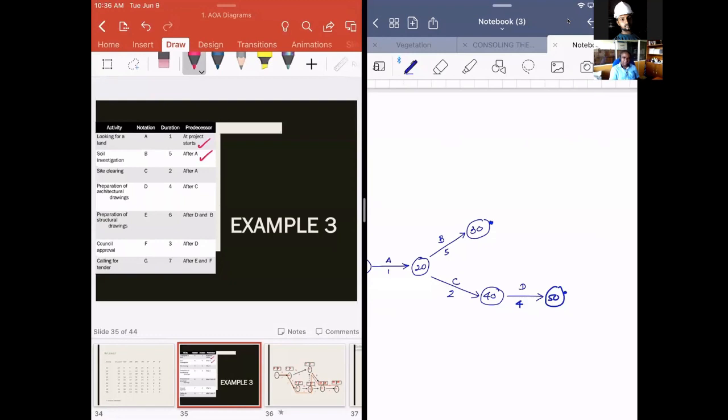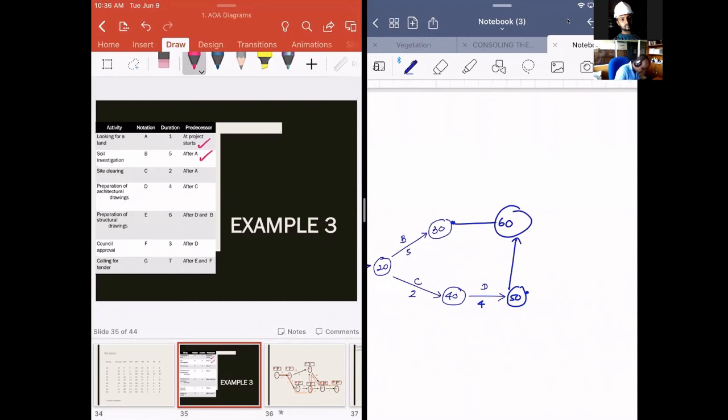One option is, okay, this is not the correct option, but the easiest thing is we draw a separate node here and start the next activity from that. These are activities without duration. Okay, we'll move it like that. So the next activity should be E. Duration is 6.